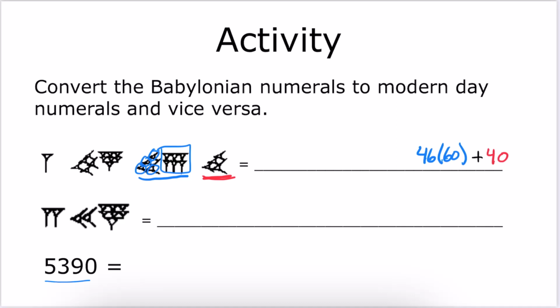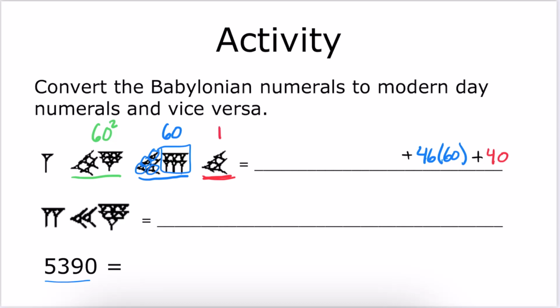Because the 60 comes from the fact that if I have 60 ones, that becomes a 60 place value. And I have a 46 in the 60 place value. So I'm going to add these together. And then I also need to add this place value. So remember, this place value is going to be 60 groups of 60. So this is going to be kind of like the 60 squared place value, versus this was the 60 place value, and this one was the ones place value.